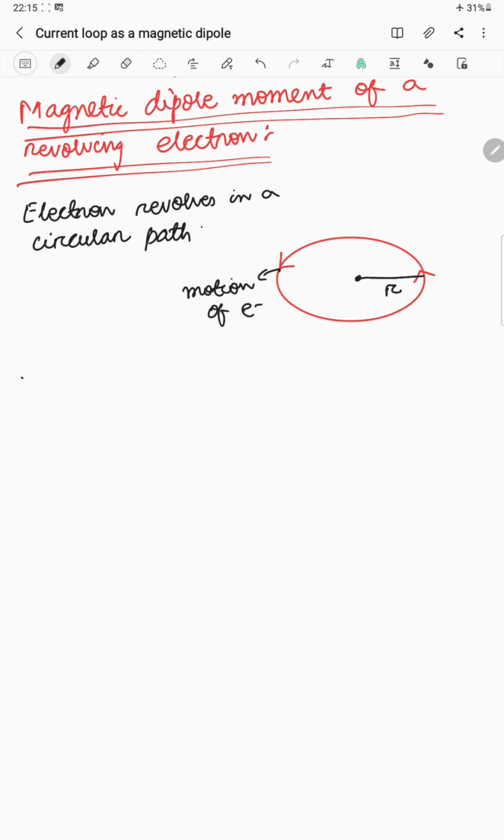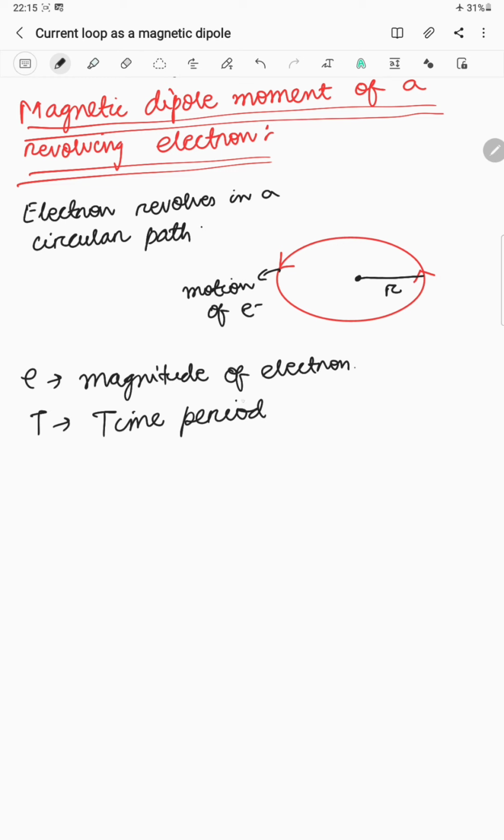Then E is the magnitude of the electron charge. Capital T is the time period of revolution. V is the velocity of the electron.